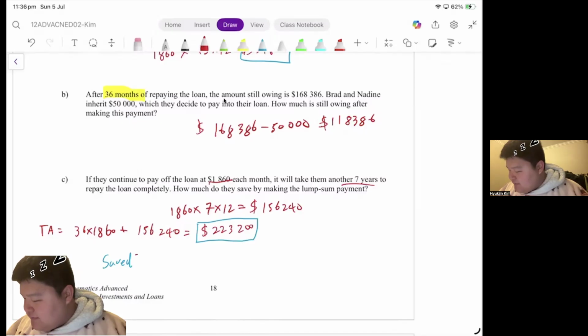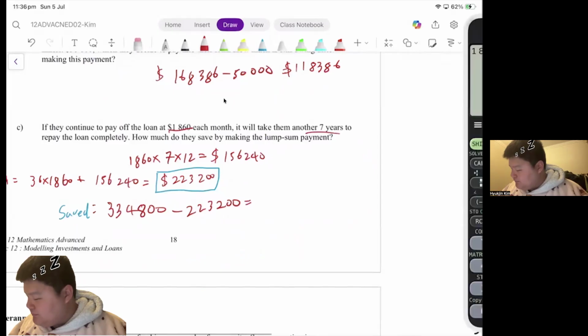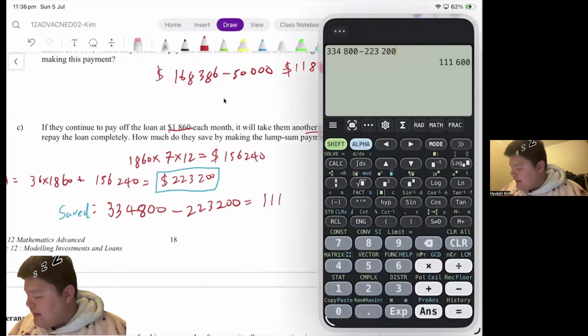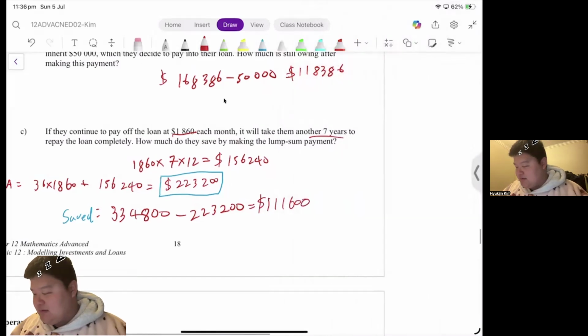We saved 334,800 minus 223,200. That's $111,600 saved from a $50,000 lump sum payment.